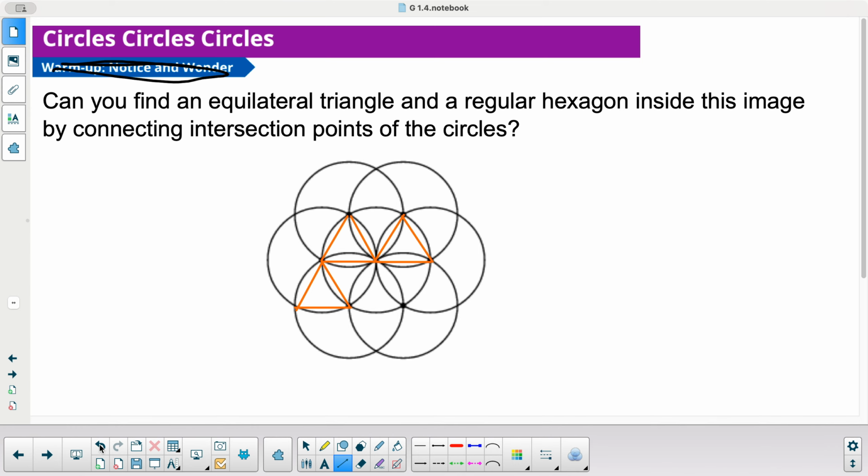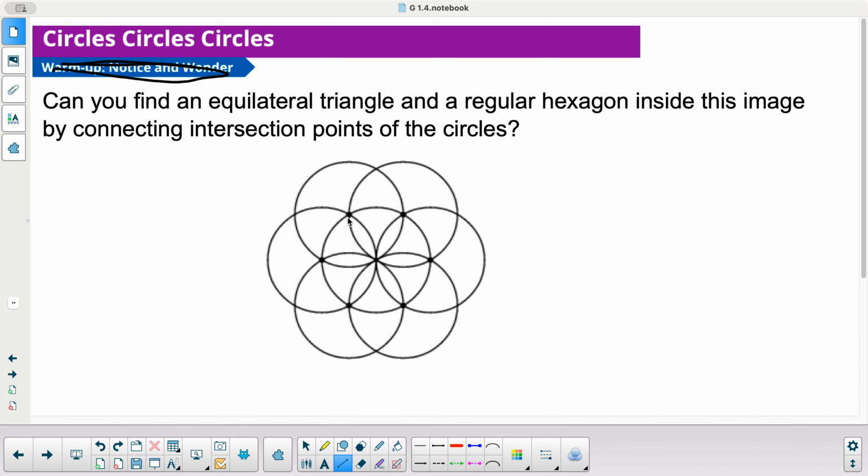See how many you can find? There's another one actually right here. Okay, there's one, or maybe right here. Okay, and then there's one other one there. Is that it? No, I think that's it actually.